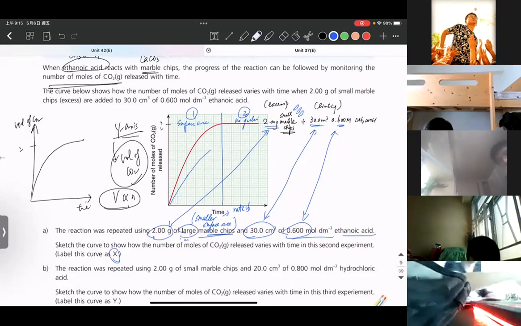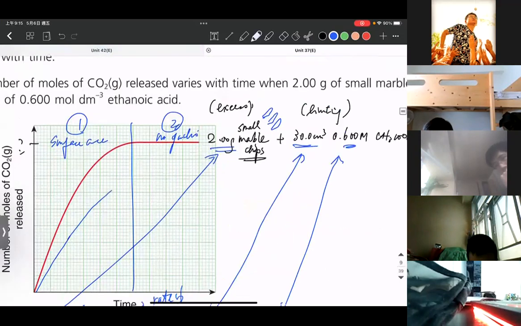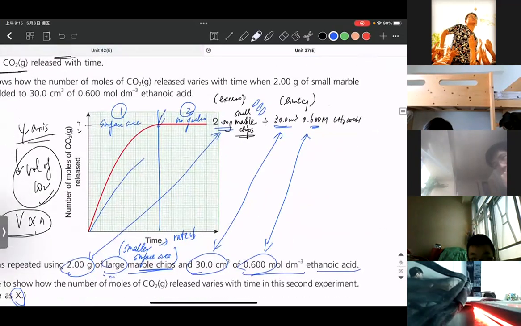When would it come to an end? Now, for the first case, it is written like this here, right? Would the ending time for the blue curve be longer, shorter, or the same as the first case?